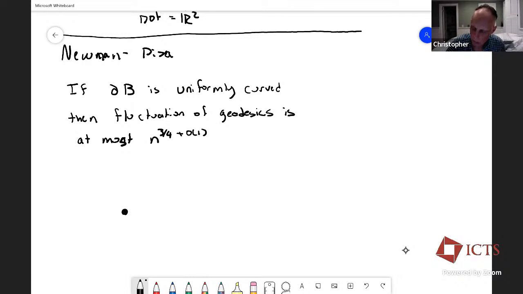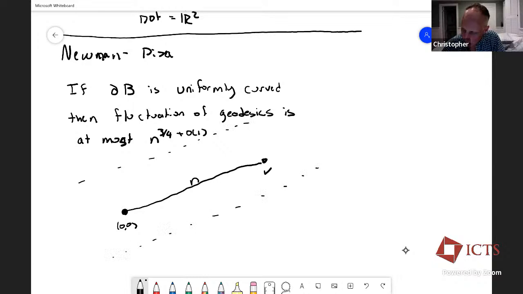So if I take any two points, (0,0) and (0,n), and the distance between them is n, then I can draw some window here, some cylinder, where this size here is n to the 3/4 plus little o of 1.